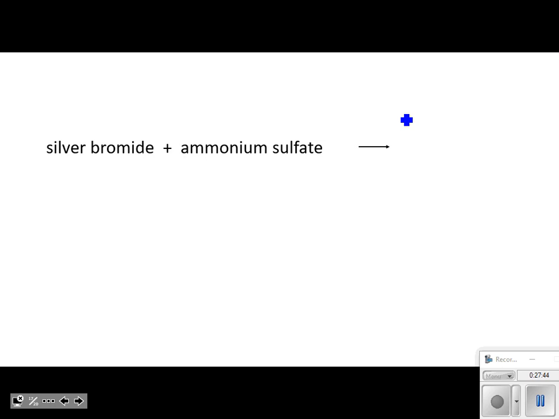Silver bromide, ammonium sulfate. I do not have an acid. So that's going to be a double replacement number 1. I'm going to need to use my solubility chart.